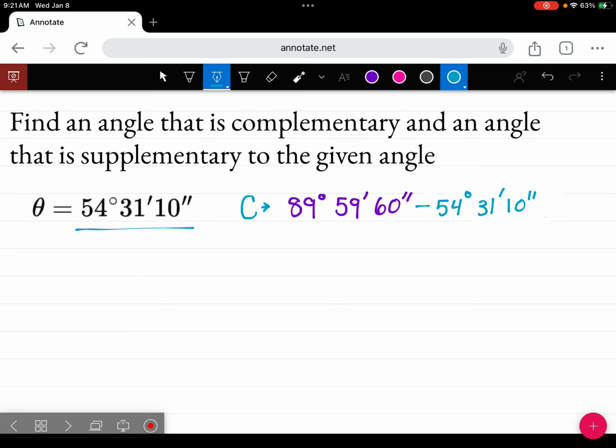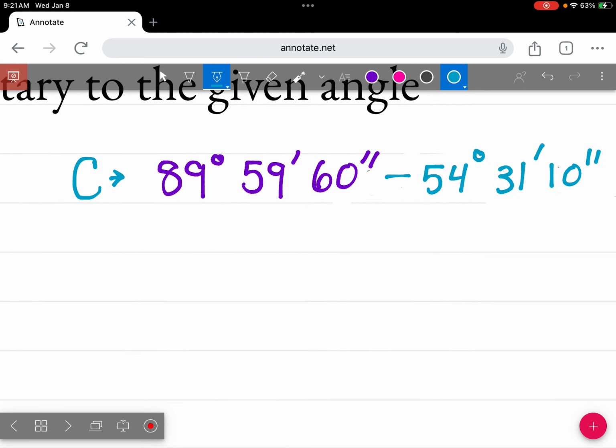So what do we get as our complementary angle for this one? 85 degrees. Gorgeous. One more. 50 seconds.